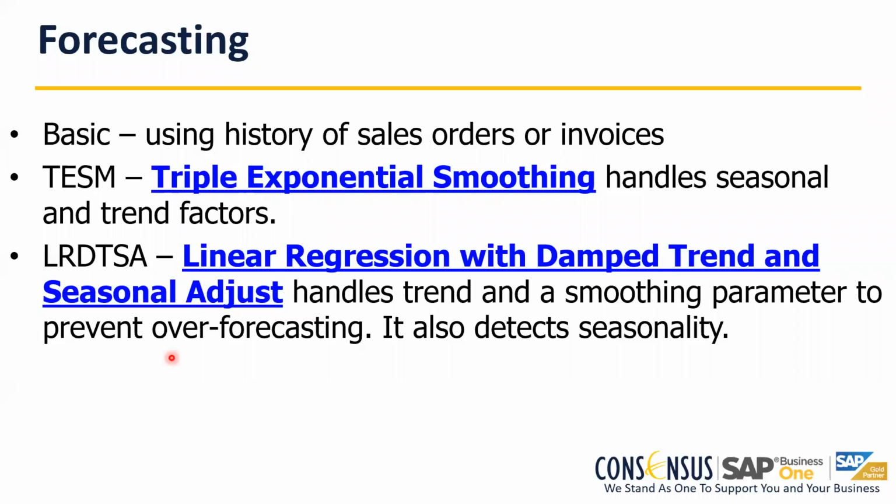SAP offers some good financial, statistical models to do forecasting for you. They're going to take into account seasonality, for example, and they're going to be able to tell you when you have excess inventory that makes sense for you to take care of.